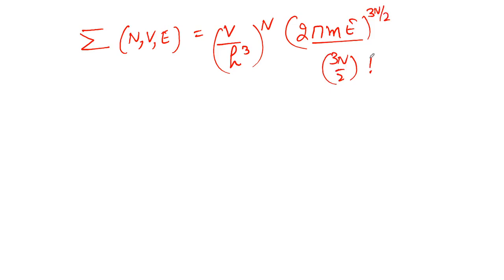We derived this when we discussed the classical ideal gas problem in unit number 1, and the microstates we derived for this classical ideal gas come out to be this equation.